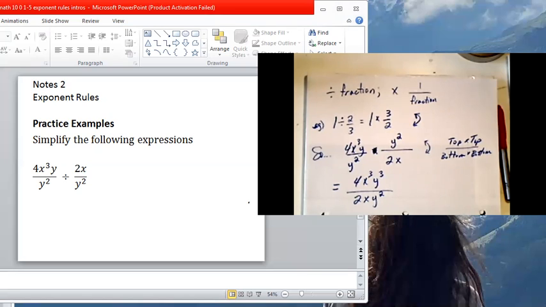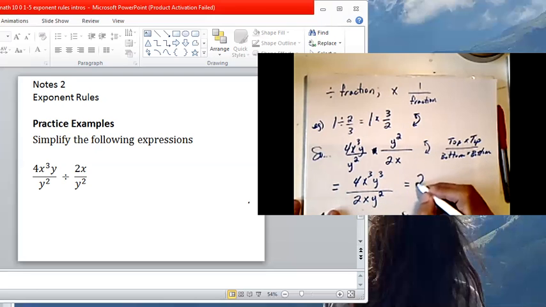Now we do have to simplify the question. That's why we're here. So we have to keep track of our rules. We have a 4. We'll do the numbers first. 4 divided by 2 is equal to 2.